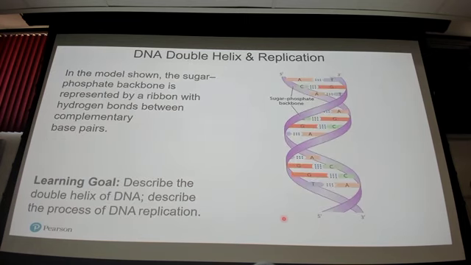So here is a DNA double helix. The purple ribbon backbone represents the phosphodiester linkage between the base molecules, and you see there are hydrogen bonds formed between complementary base pairs.